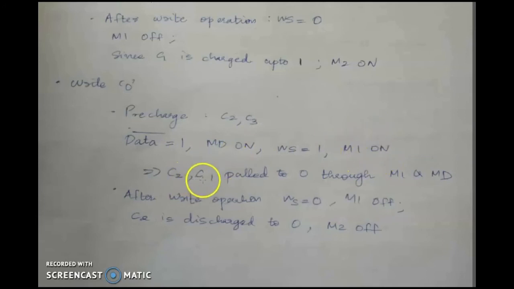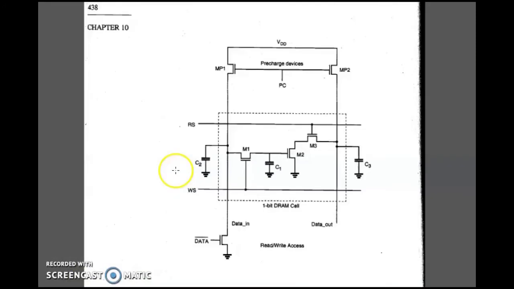Now C2 and C1 are pulled to 0 through M1 and MD, so the charge across the storage capacitor is reduced, and in this way logical 0 is written onto the memory cell. Writing 0 means this transistor is on, so current flows through it.